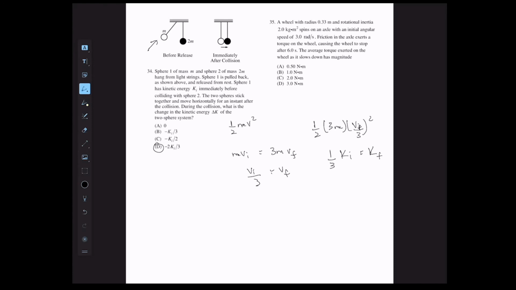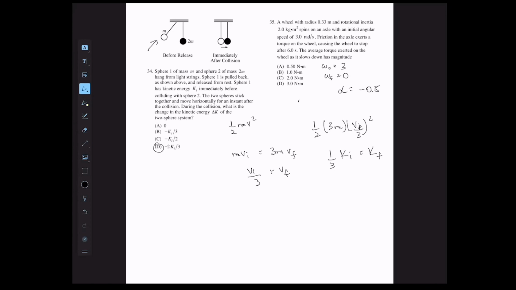Okay. So 35. A sphere with a radius 0.33 meters and rotational inertia spins on an axle with an initial angular speed. Okay. So we can find the angular acceleration by just finding the change in angular speed. So the initial angular speed is 3, and then final is 0, and that's in 6 seconds. So angular acceleration is negative 0.5.